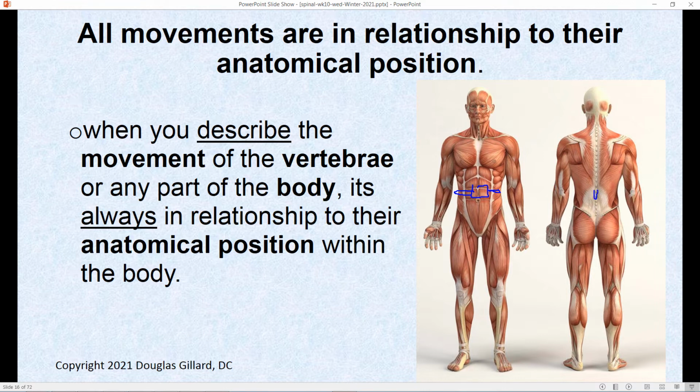From this view, you can see the spinous process, the body, and the transverse processes. So that's the anatomical position of a vertebra.